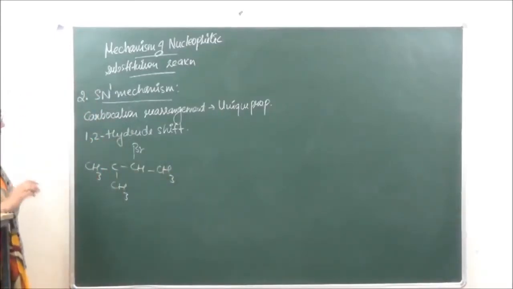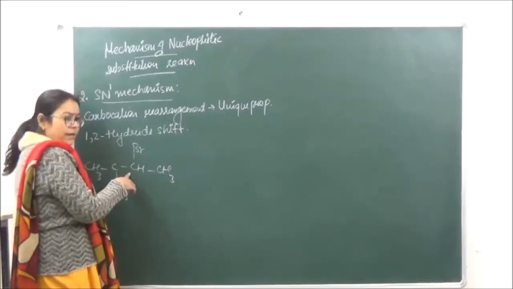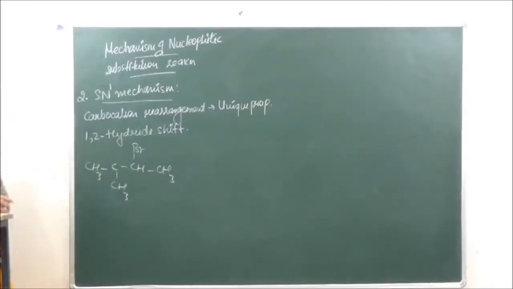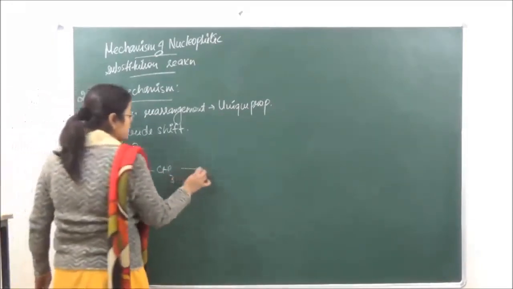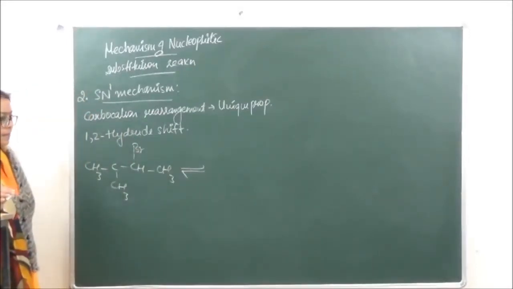Now, as this is a secondary alkyl halide, let's do this by SN1 mechanism. Now in case of SN1 mechanism, the first step is the formation of the carbocation.